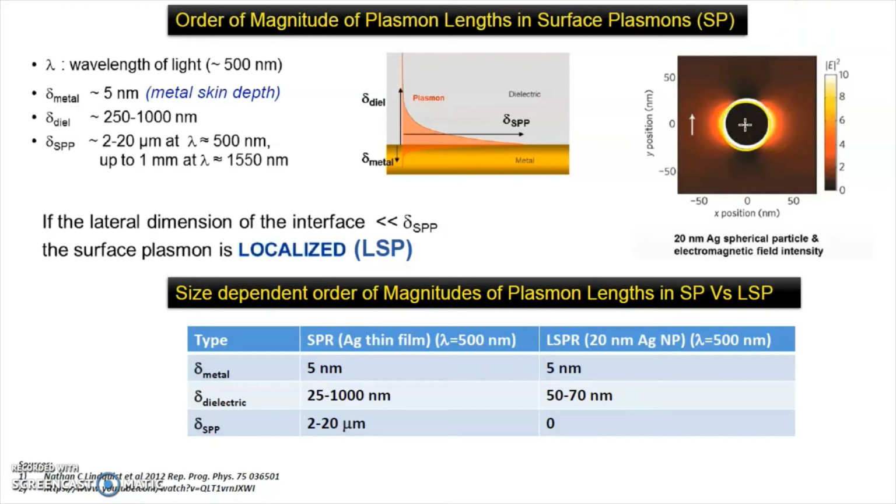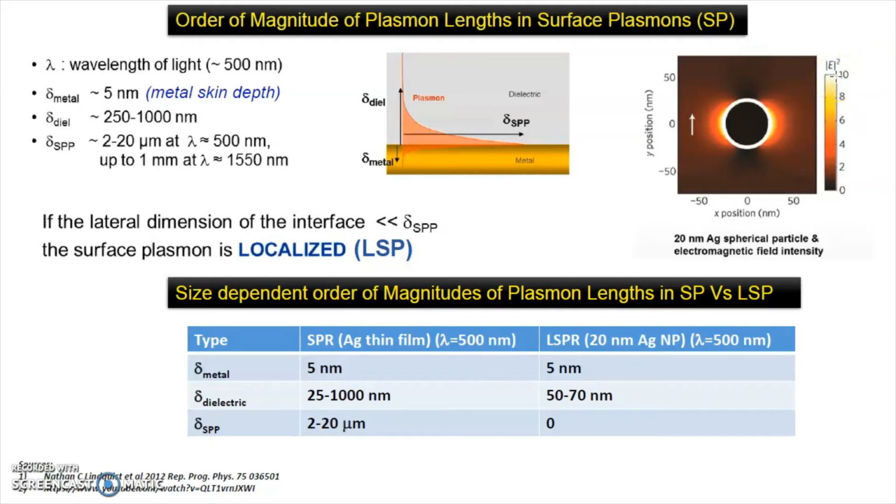So when we incident light on this spherical nanoparticle, how the plasmon is generated in this case is shown here. The magnitude of the electric field can be calculated by the square of the modulus of E, and as you can see, it's a color map.